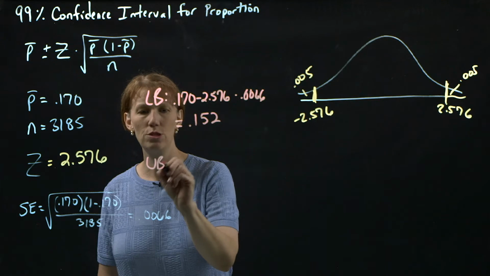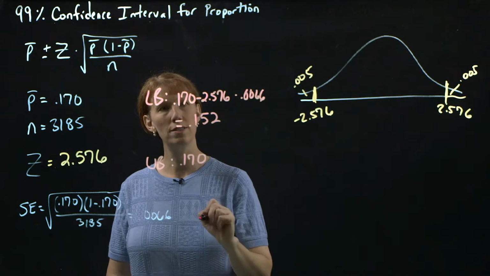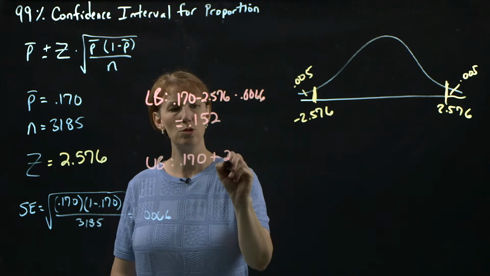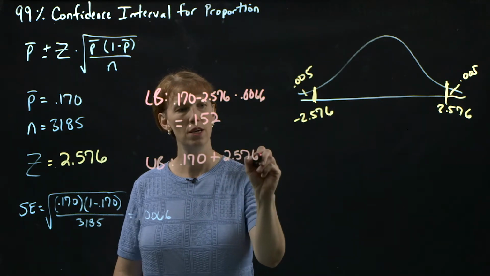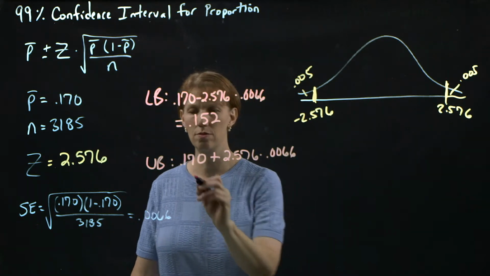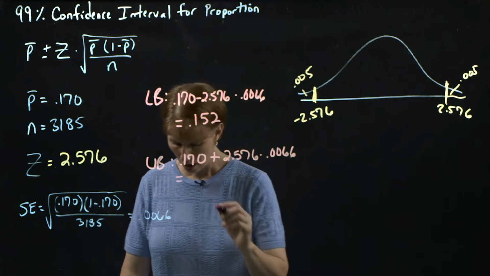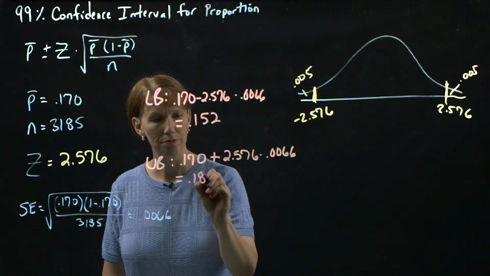Our upper bound estimate in this case is going to be equal to 0.170 plus 2.576 times our standard error of 0.0066. When we solve that, we will find an upper bound value of 0.187.